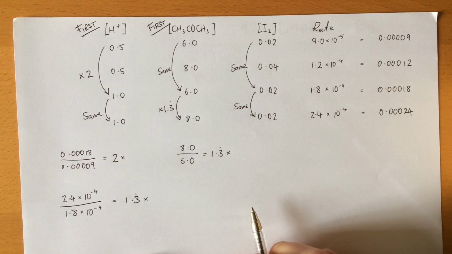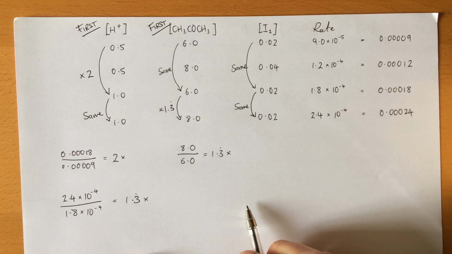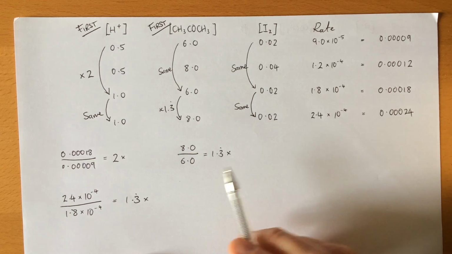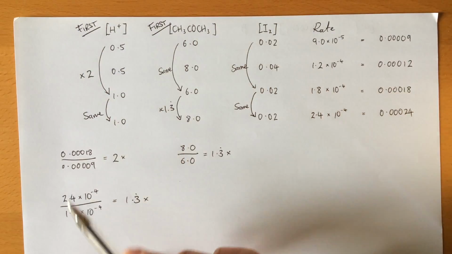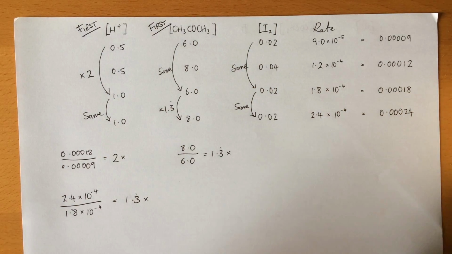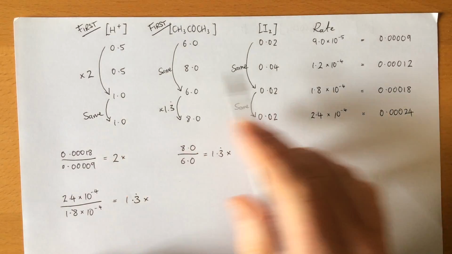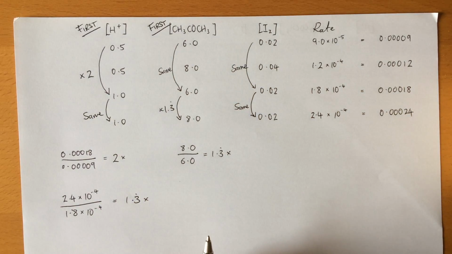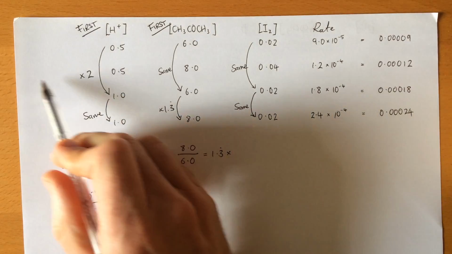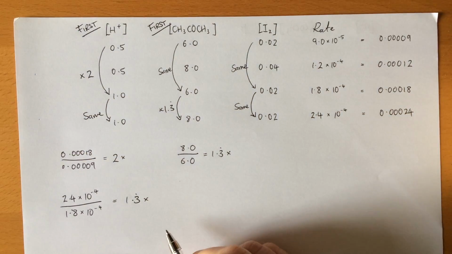Now the concentration of iodine and the order with respect to iodine. This is a bit more tricky because it involves taking into account the effect of either the hydrogen ions or the propanone. It doesn't really matter which one you choose, but whichever set of experiments you compare, you're going to have to take into account the effects of the hydrogen ions or the propanone. Okay, so I'm going to choose these 2 experiments, 2 and 4.